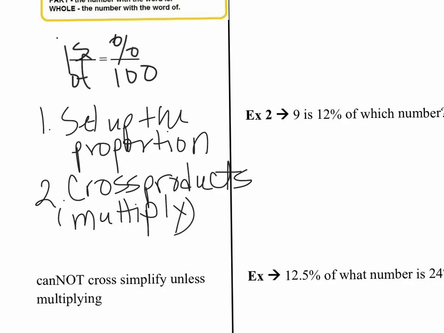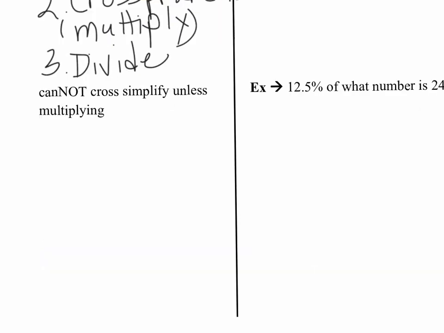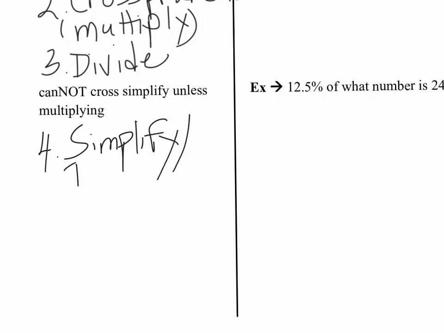Next, after we have cross products, we have to divide. You cannot cross simplify unless you are multiplying. And that is the 4th step. Number 4. Simplify, or our other word for that, reduce, by canceling.